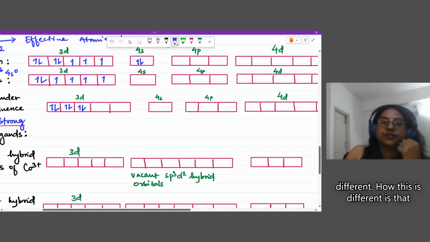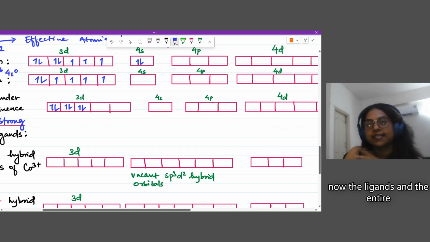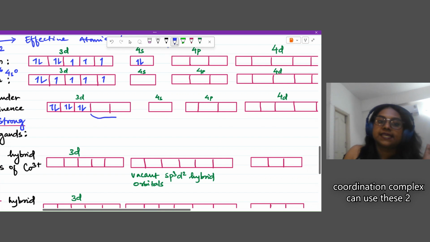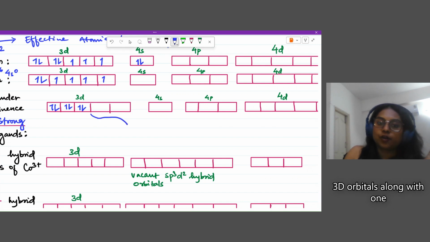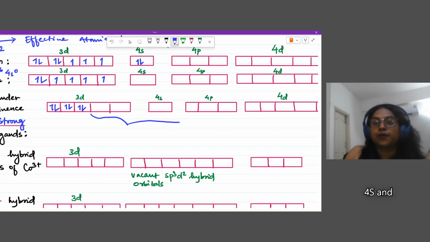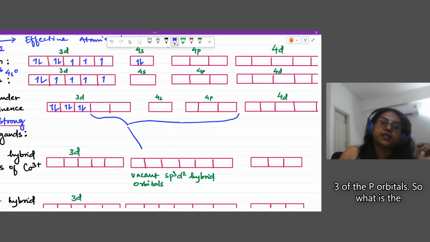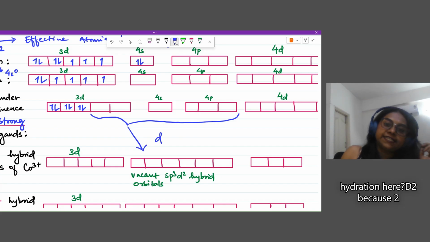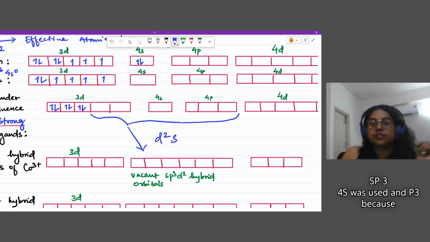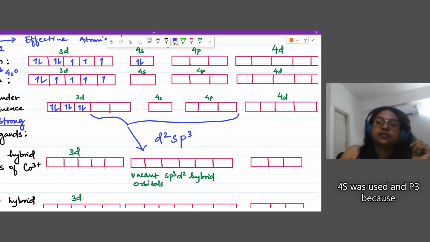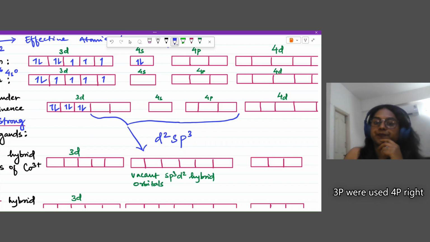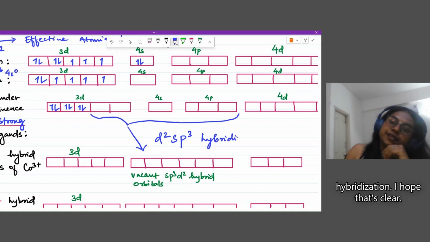Now the ligands and the entire coordination complex can use these two 3d orbitals along with one 4s and three of the 4p orbitals. So what is the hybridization here? d2 because two 3d were used, s because one 4s was used, and p3 because three of the 4p orbitals were used. So you have d2sp3 hybridization. I hope that's clear.